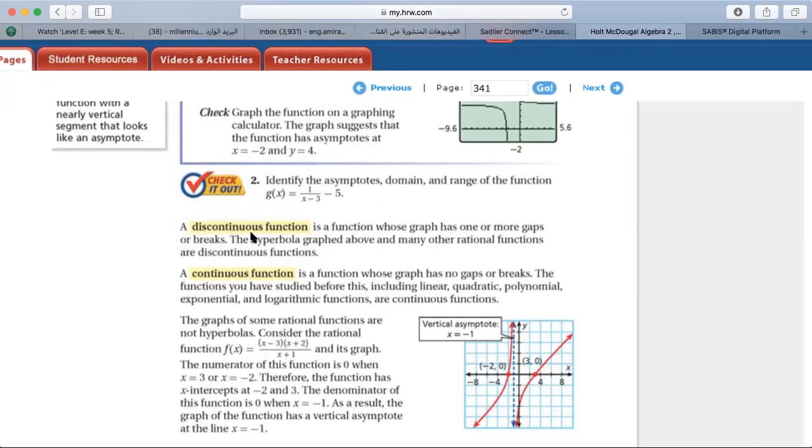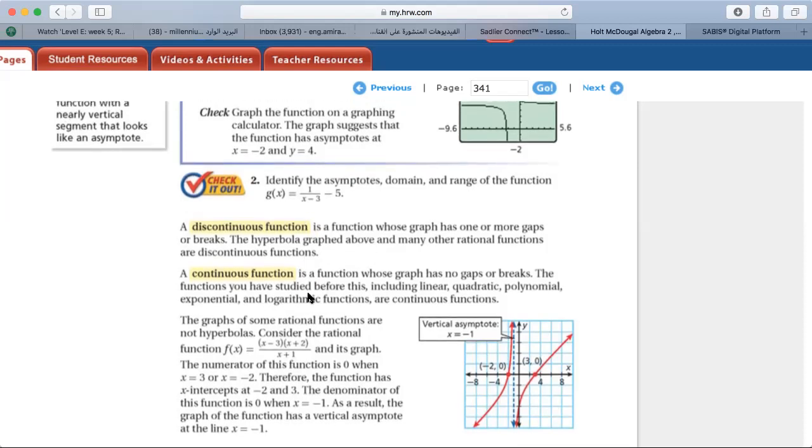A disturbance happened in the graph, so it has one or more gaps or breaks. The hyperbola graphed above and many other rational functions are discontinuous functions.